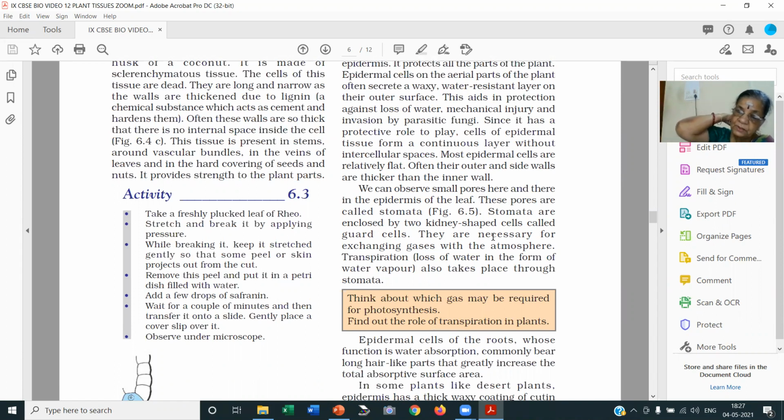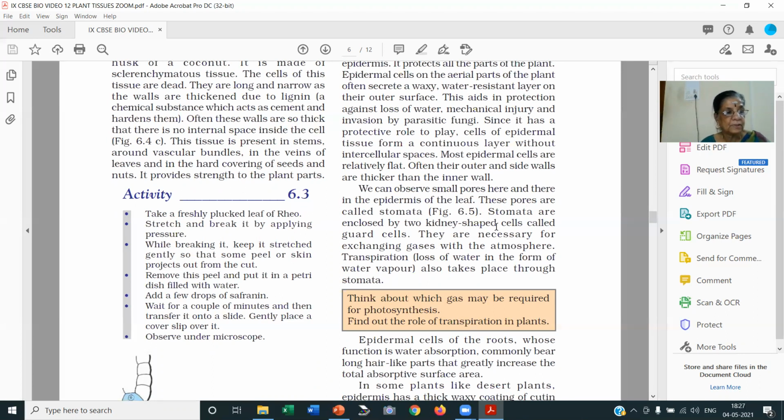Carbon dioxide is for the process of photosynthesis: carbon dioxide is taken in and oxygen is given out. During respiration, oxygen is taken in and carbon dioxide is given out. And during transpiration, which is the loss of water in the form of water vapor, that also takes place through these stomata. So this is the stomata structure.